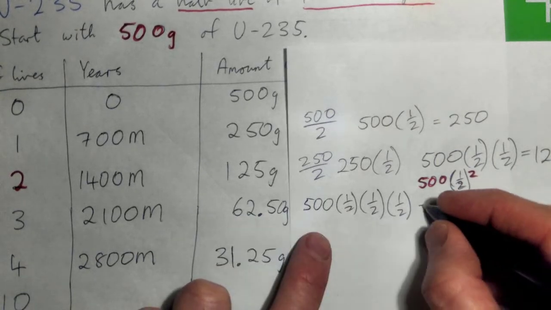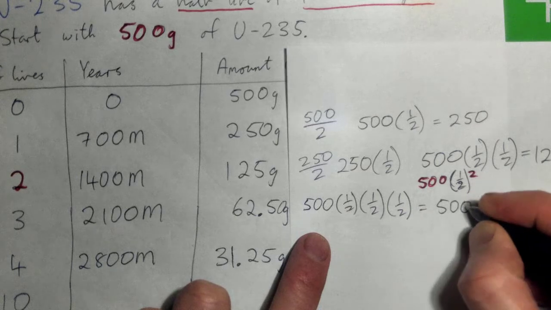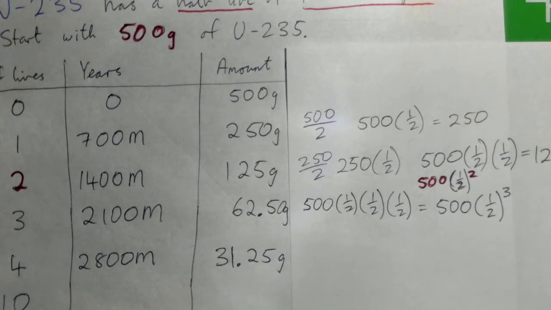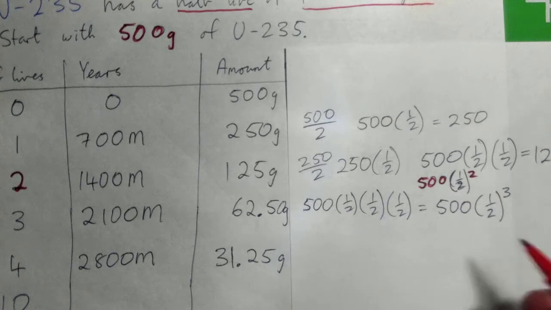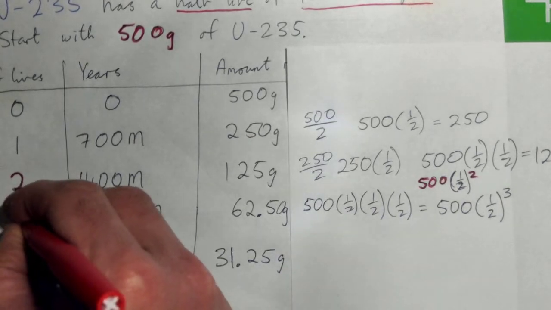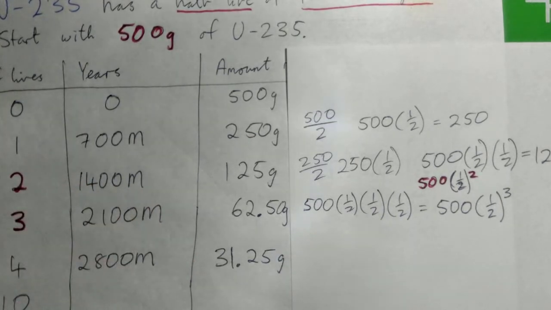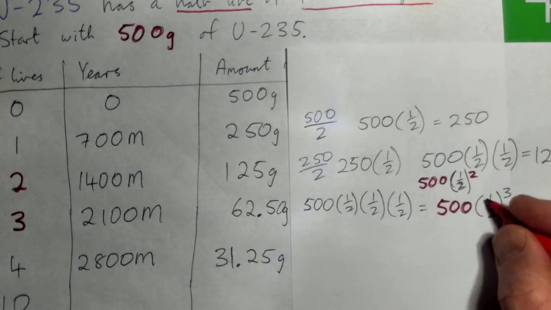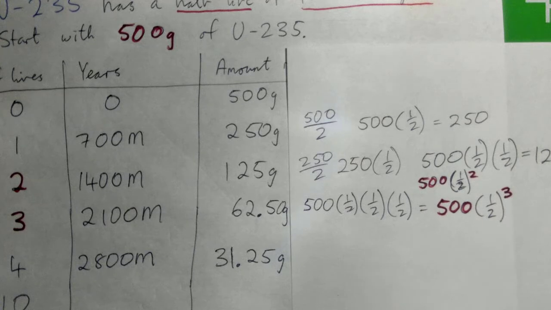And as you say, that's just 500 times a half to the power of 3. That includes, after 3 half-lives, I start with 500 grams, I times it by a half to the power of 3, and I'm good to go.